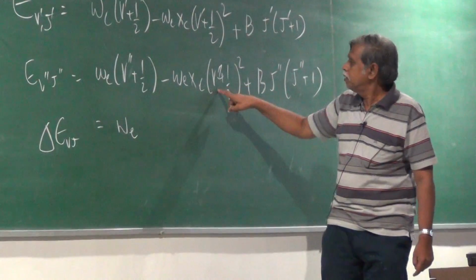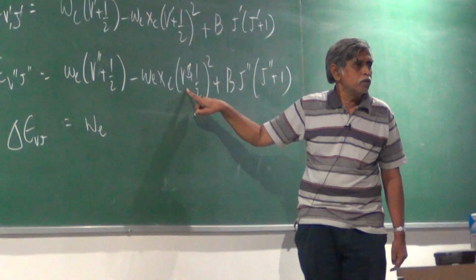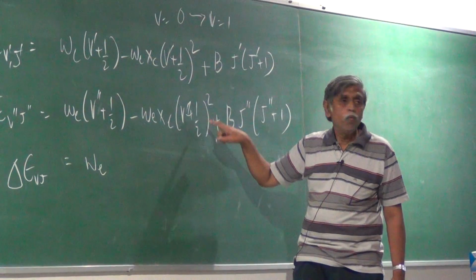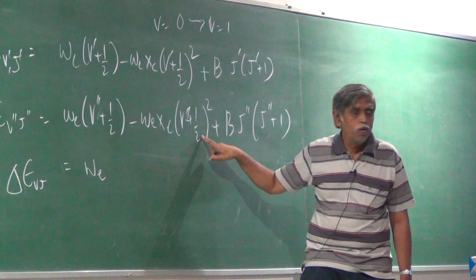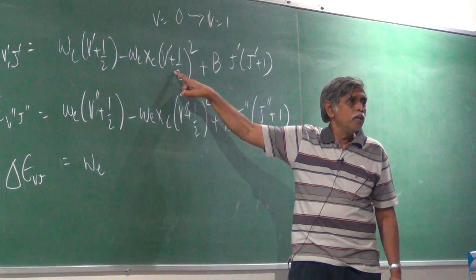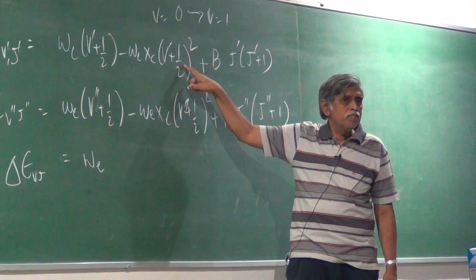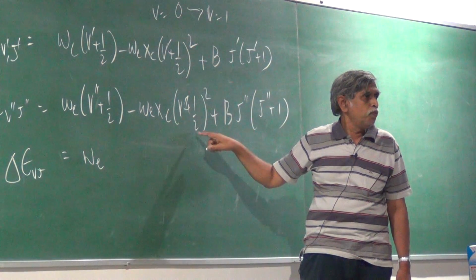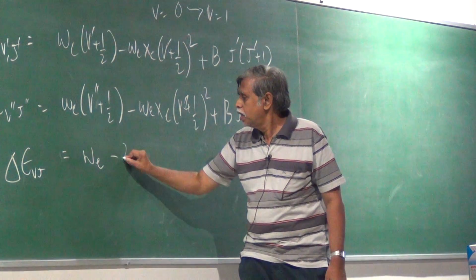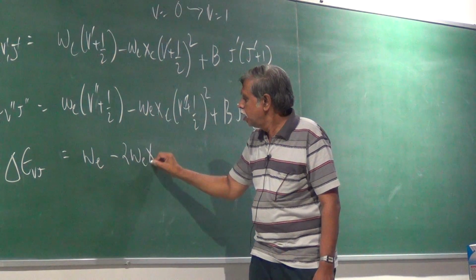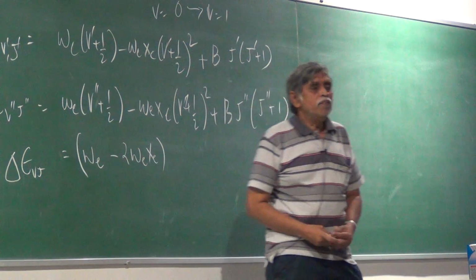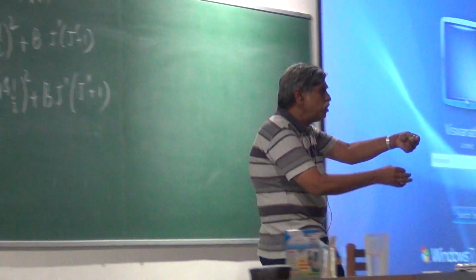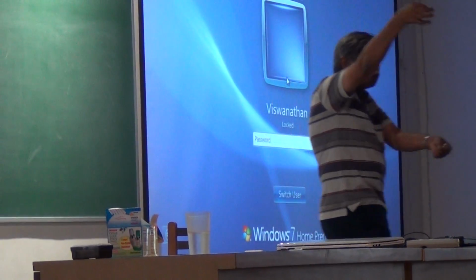What would I get here? This is going to be 1 by 4. So this is 0, this is 1 half square, so it will be 1 by 4. What would I get here? It's 3 halves square, so it's going to be 9 by 4. So 9 by 4 minus 1 by 4. In fact, this is the energy difference between V0, J0 to V1, J0.